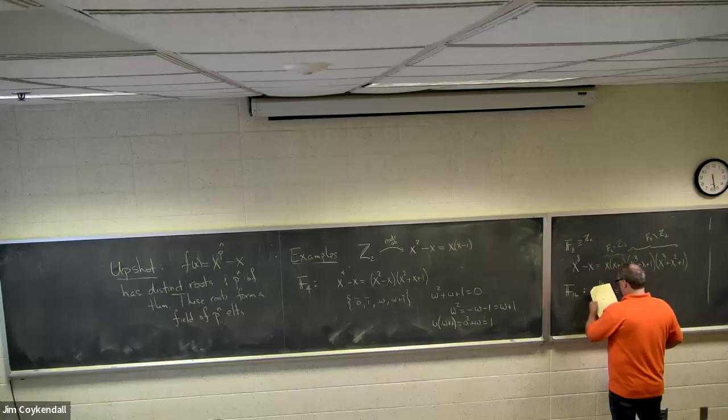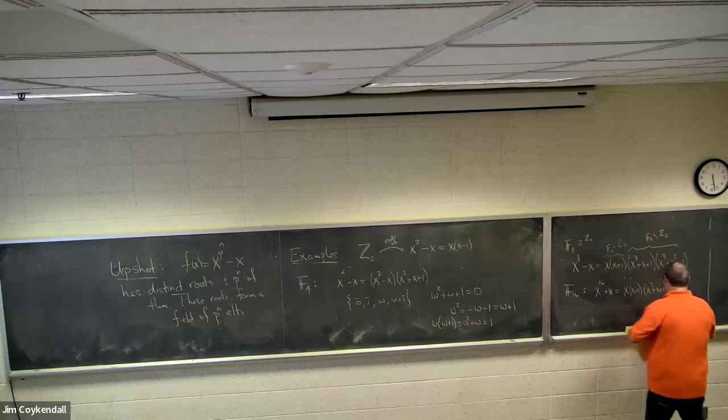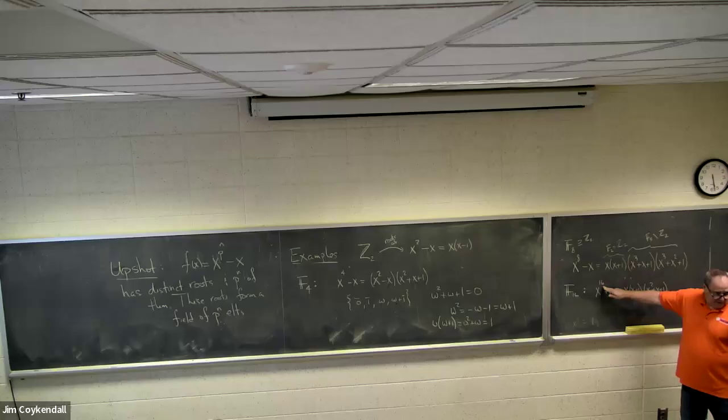X is 1. X squared plus x plus 1. 1, 2, 3, 4. We've got degree 12 to go.